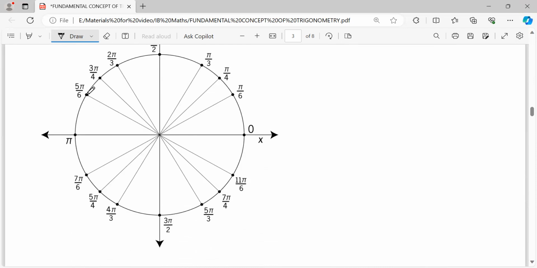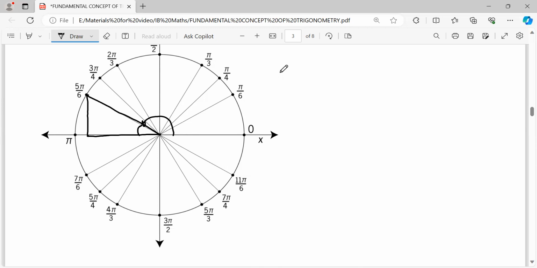Next, this one, 5 pi over 6. Actually, 5 pi over 6 is the angle, but you're going to find this reference angle.